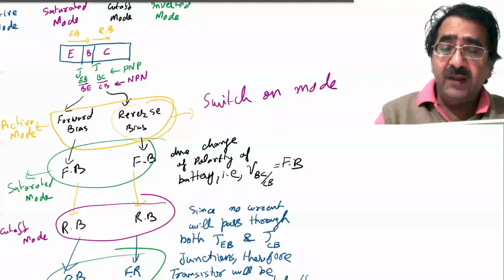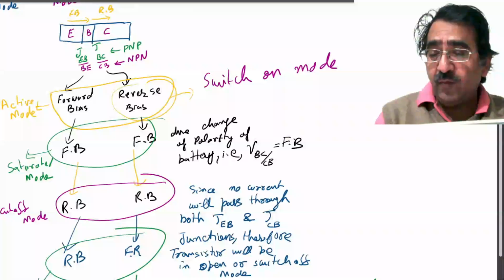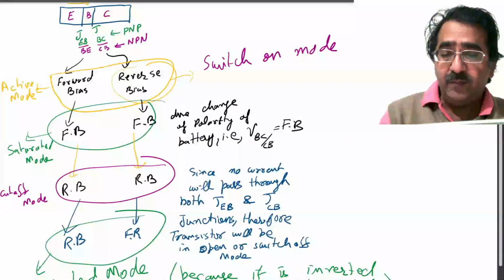So that's why that will be defined as active mode or switch on mode. In the other mode, when both junctions are forward biased, because both currents will be saturated, that will be defined as saturated mode.